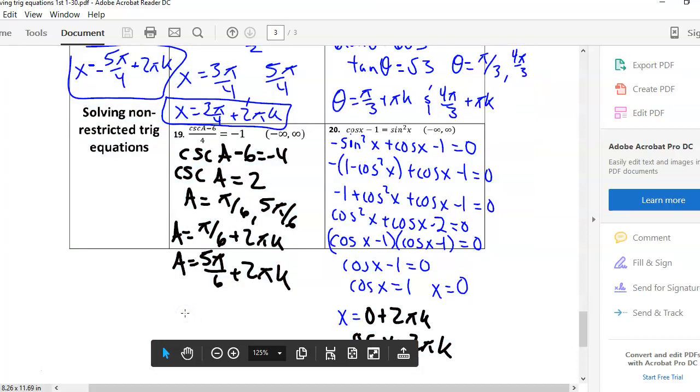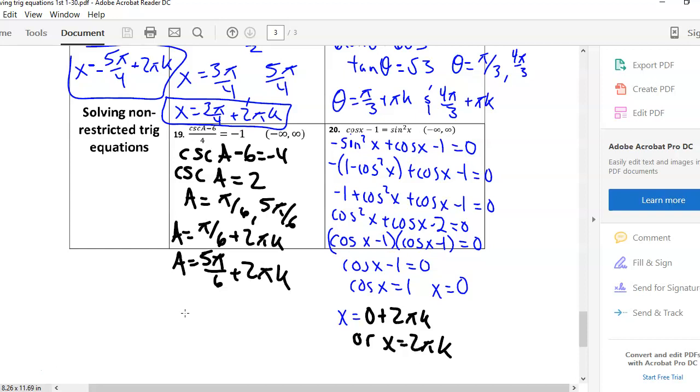Sorry. But I do need your attention up here. Alright, so remember that if your domain is not restricted from negative infinity to infinity, you're still solving the same way. You're still getting the answers the same way. I don't remember which two I did.